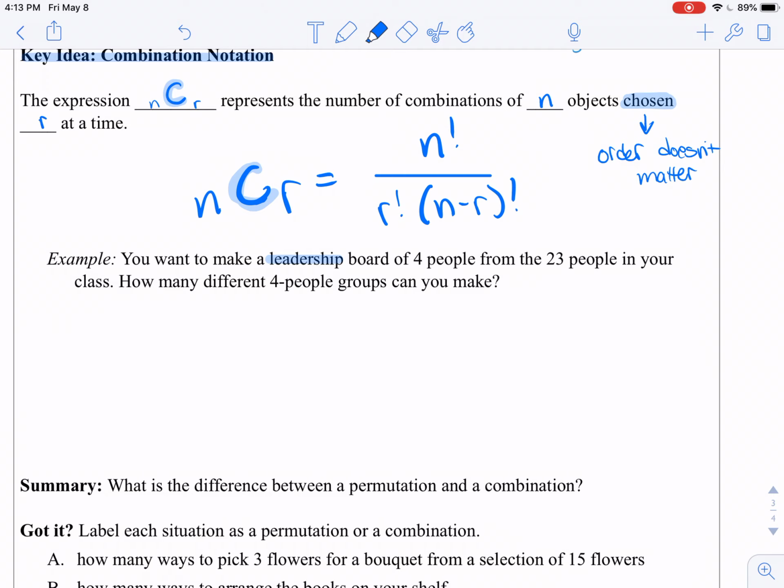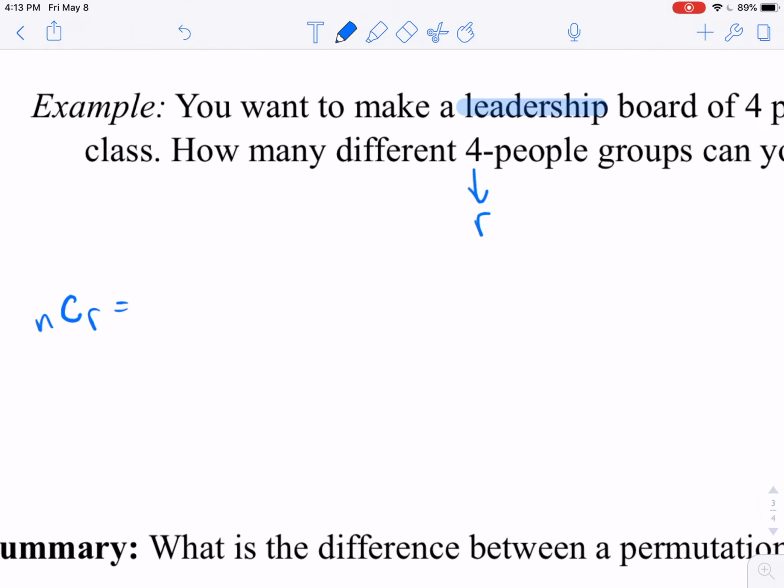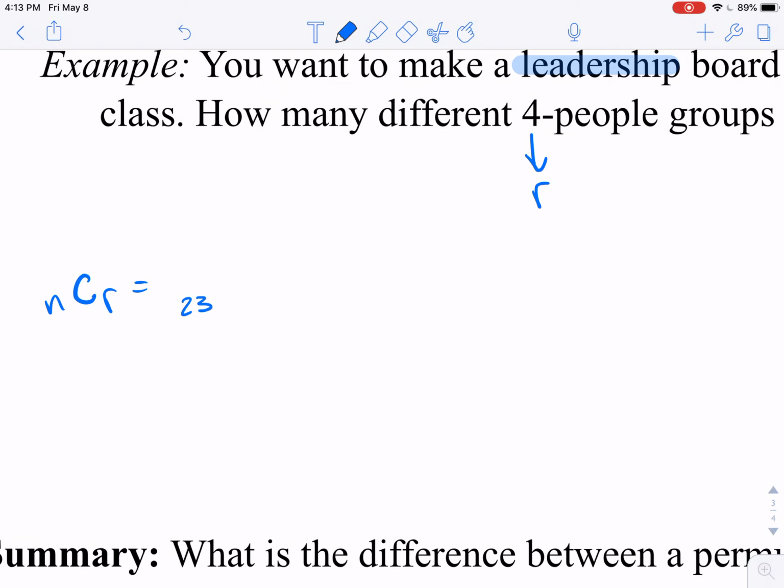Because in our combination, we're picking from 23 people, so that's going to be our n, because n is our total. And then 4 is going to be r, because we are picking r number of objects. And by objects, I mean people. Oh, you guys aren't objects. Okay, so that means nCr, our n is 23, it's going to be equal to 23 choose 4.